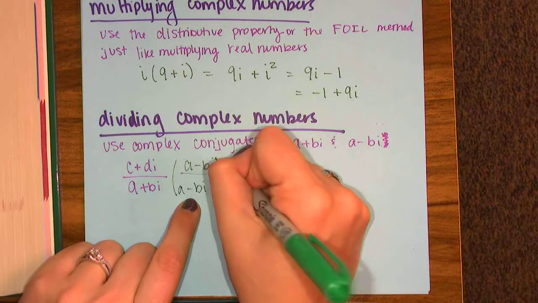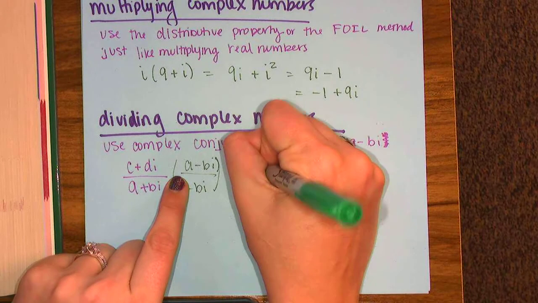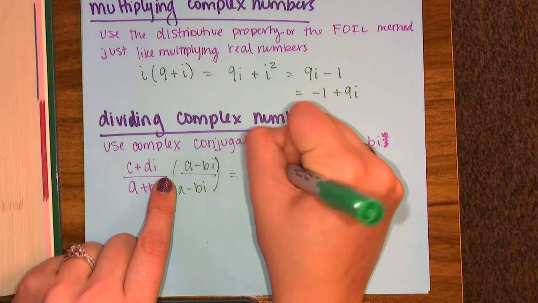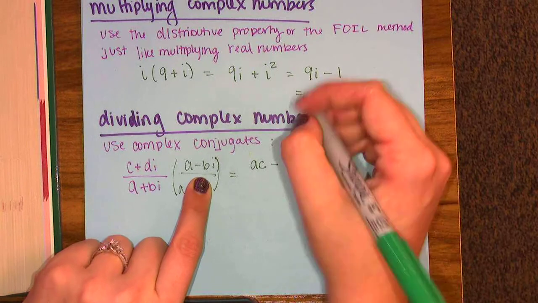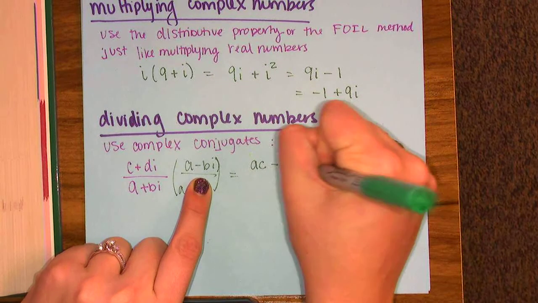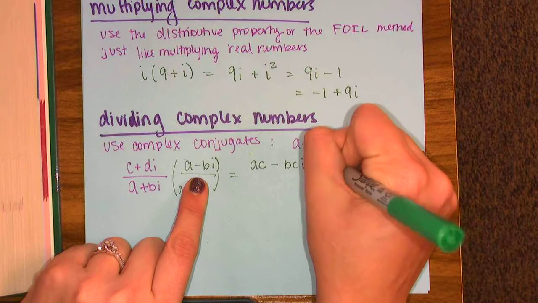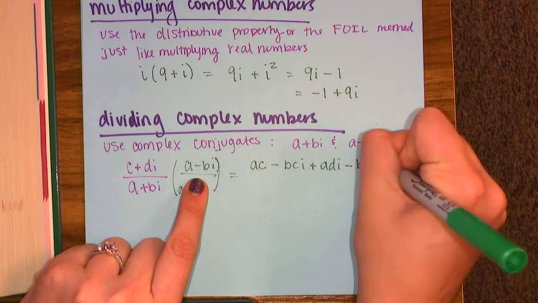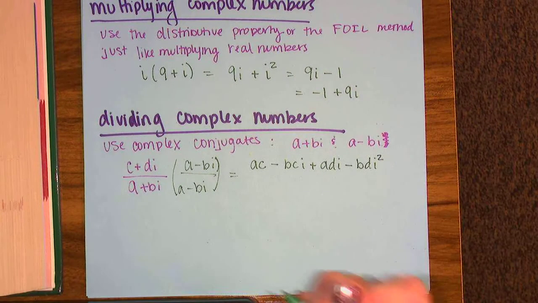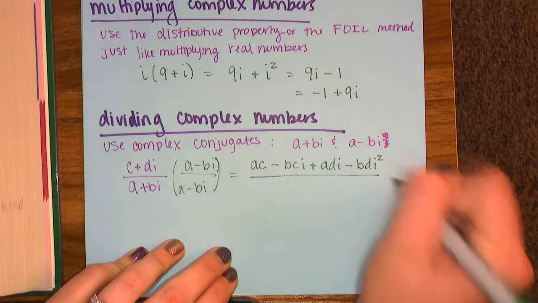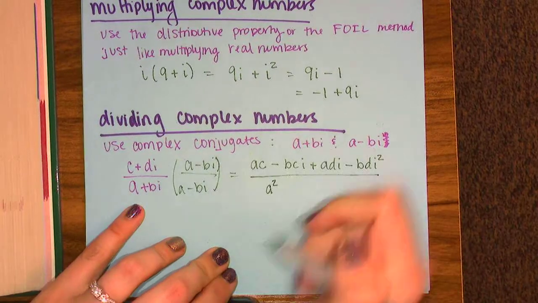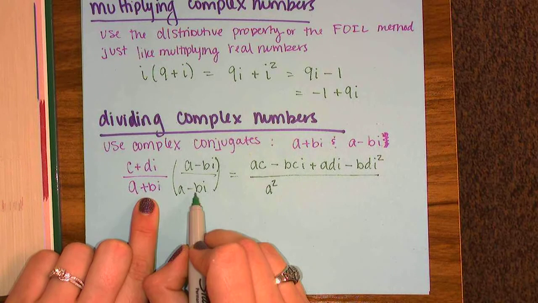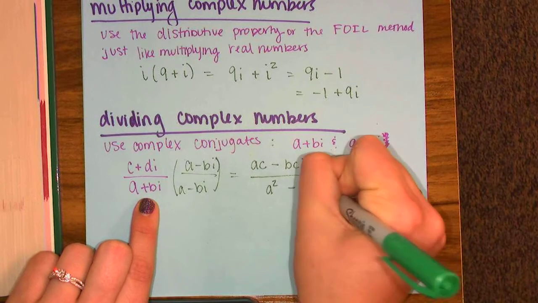And so then this on top would give me AC minus BCI plus ADI minus BDI squared. And on the bottom, I would have A squared plus ABI minus ABI minus B squared I squared.